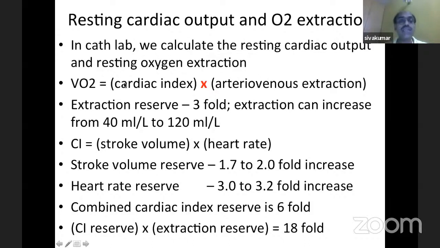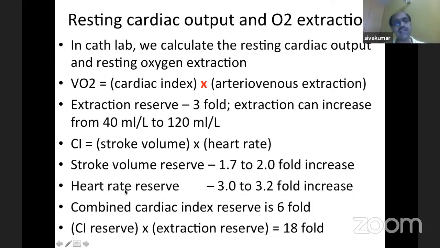Now we have to see what the cardiac index reserve is, which is called cardiac reserve. Cardiac reserve can be calculated as stroke volume into heart rate, so stroke volume reserve and heart rate reserve. Our normal stroke volume is around 70 ml and the maximum it can increase to is 110 to 140 ml, so the stroke volume reserve is a 1.7 to 2-fold increase. What is the heart rate reserve?